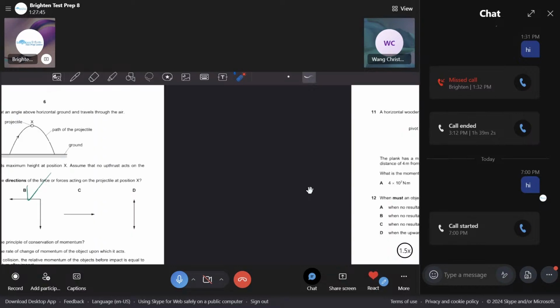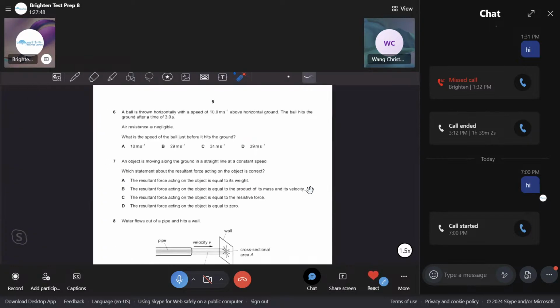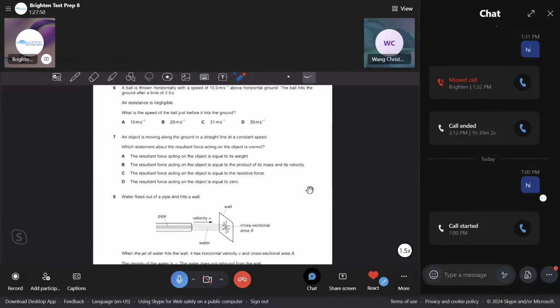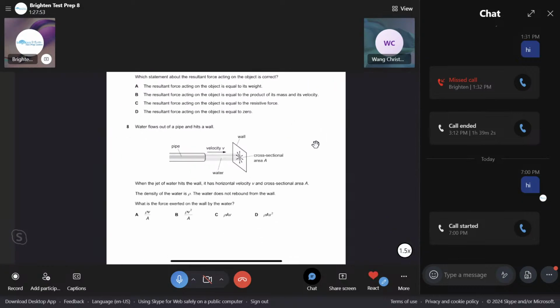Maybe let's do number 8. Number 8. It comes out from a pipe at velocity v, hits a wall, has a cross section A. What is the force of the water on the wall?